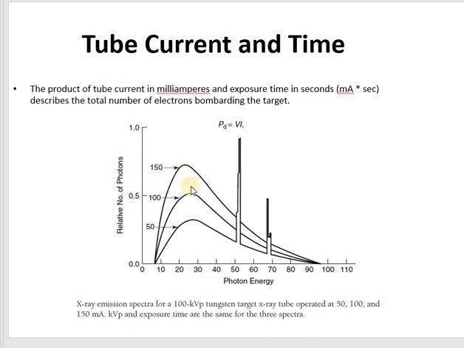So let's compare these three spectrums. This X-ray tube has been set to a kVp of 95. The effective energy for the three spectrums is the same. The characteristics are also the same, because characteristic radiation is unique to the target.